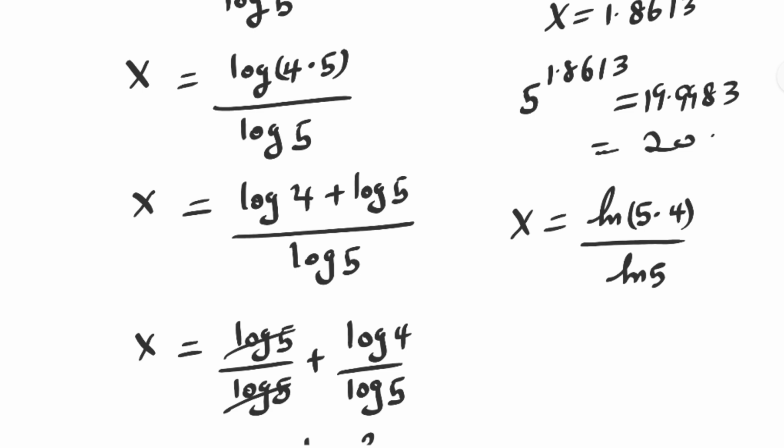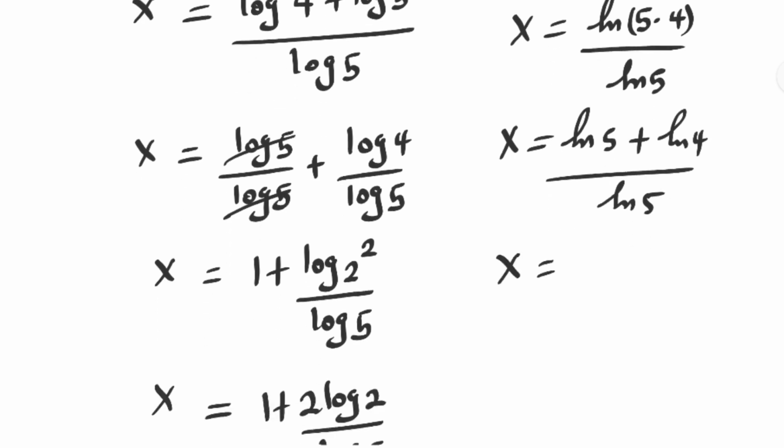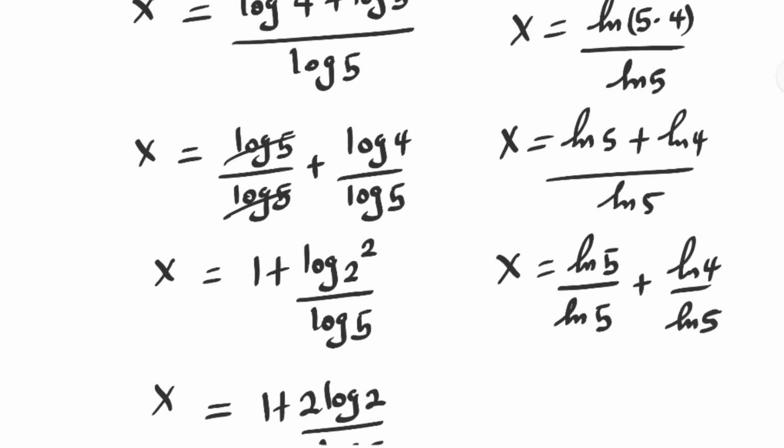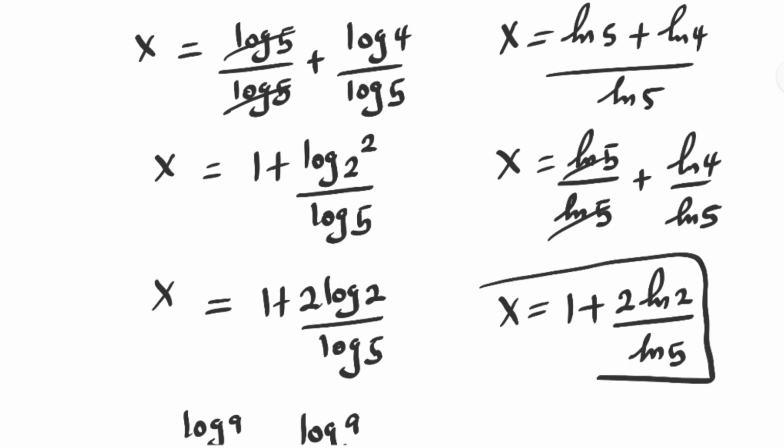That is, if you want to leave an answer in natural logarithm form, x is equal to ln of 5 plus ln of 4 over ln of 5. x is equal to ln of 5 over ln of 5 plus ln of 4 over ln of 5. This cancels this. x is equal to 1 plus ln of 4, which can be written as 2 ln of 2, over ln of 5. This is the final answer.